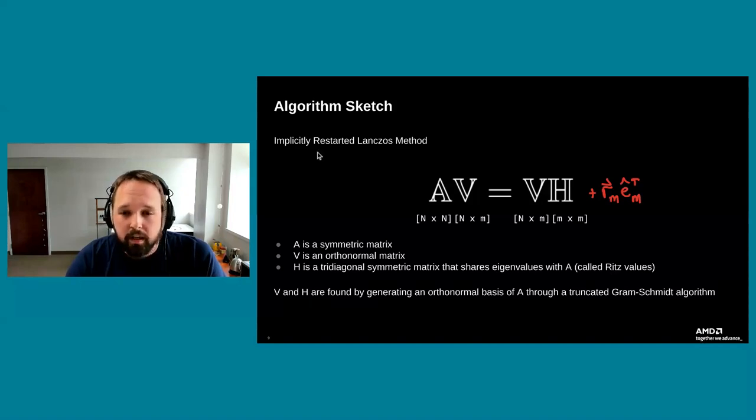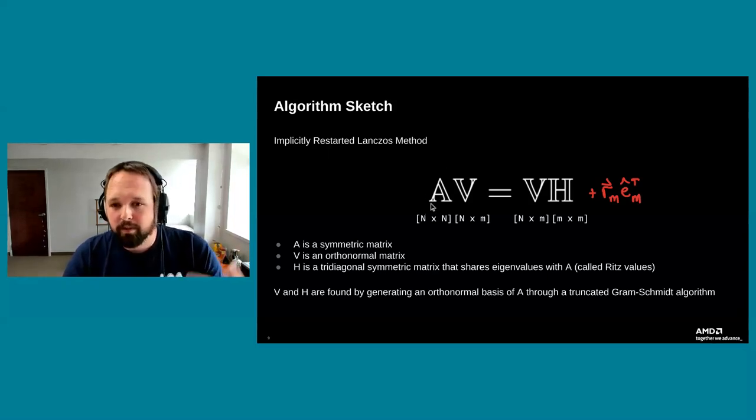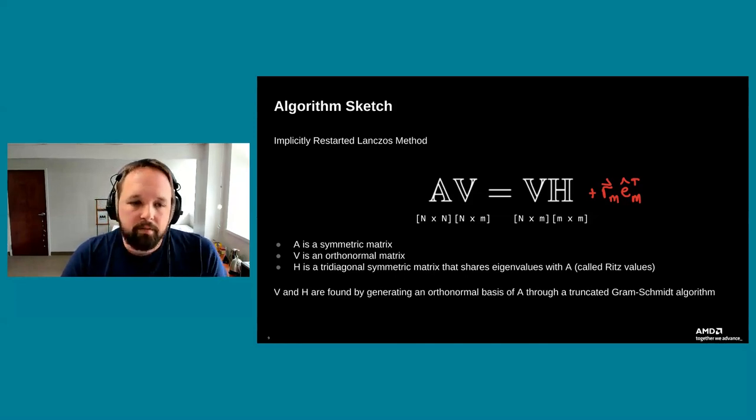What this method does is it develops a different representation of a matrix. A here would represent our discretization of the Laplacian or the Laplacian inverse.